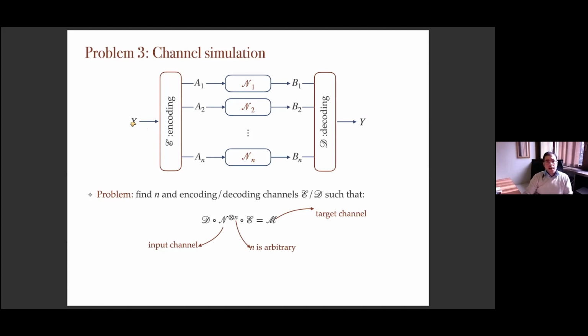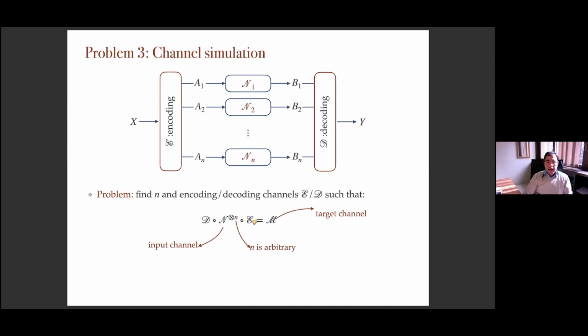What Alice can do is encode the message inside the n copies of the input of the noisy channel, A1 to An. Then she feeds the inputs to the channel, Bob gets the outputs, and then Bob performs some decoding map and produces this output Y.